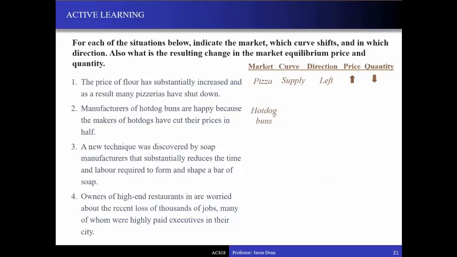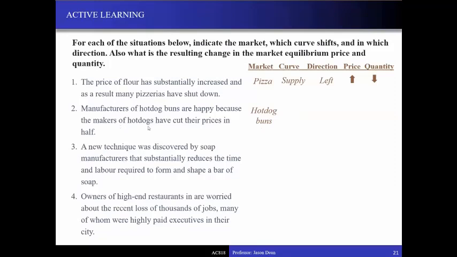But in this question, we have a market for hot dog buns, and we know that the demand for hot dog buns is related to the price of related goods, right? We know that the price of a complement good, which is what this is, will affect the demand for hot dog buns.